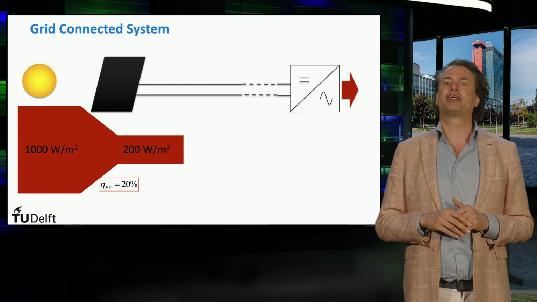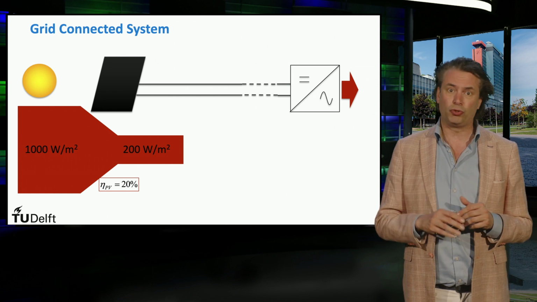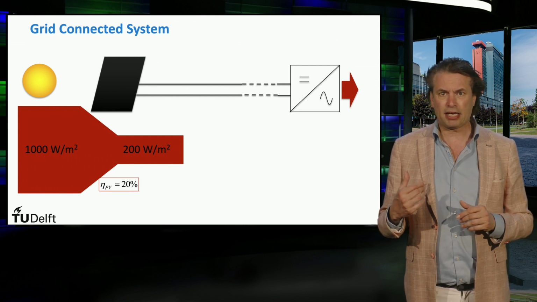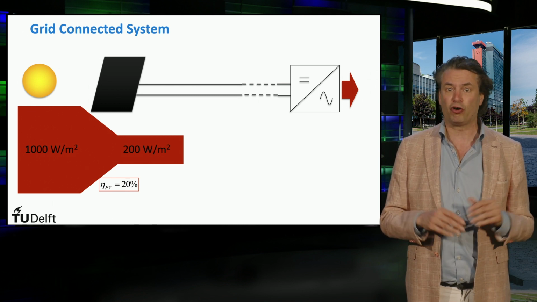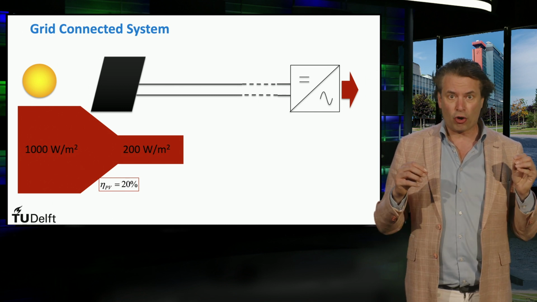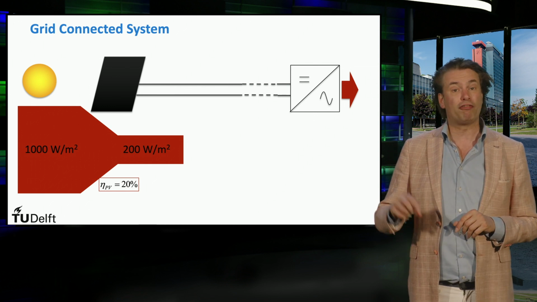Depending on the length of the cables and the amount of current through them, this loss could be around 1 to 2%. In this example, let's assume that we have a cable loss equal to 2% of the PV power production, or equivalently, the cables have a transmission efficiency of 98%.